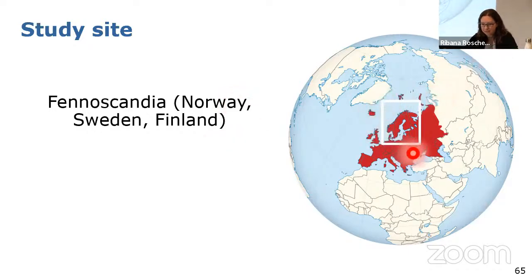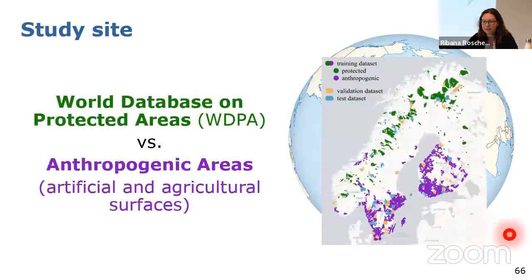So this area here, and we defined a training data set with wilderness areas, where we can say they're associated with wilderness characteristics, from the World Database on Protected Areas, short WDPA. Clearly here we would say, okay, that looks like wilderness. And then we have anthropogenic areas, which are artificial and agricultural surfaces. So clearly no wilderness.